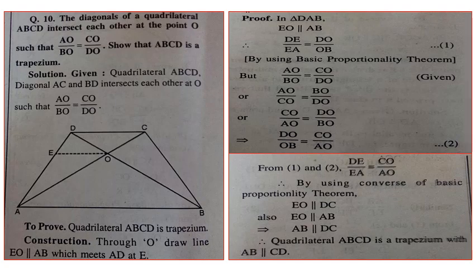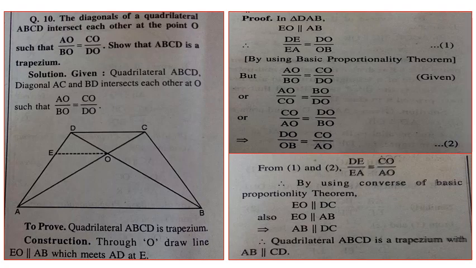Question number 10. The diagonals of a quadrilateral ABCD intersect each other at the point O such that AO by BO is equal to CO by DO. Show that ABCD is a trapezium. To prove a quadrilateral is a trapezium, we need to prove that one pair of opposite sides are parallel.